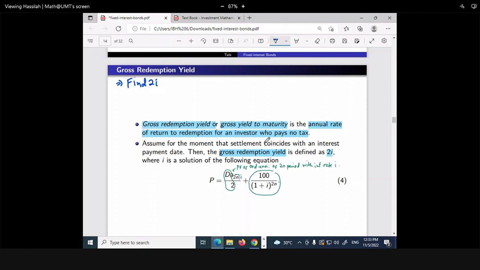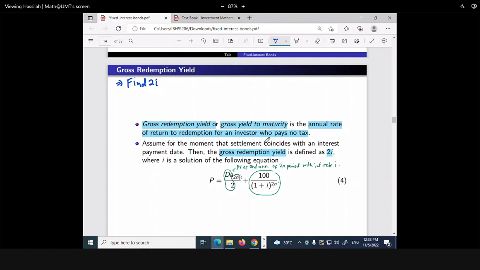Remember untuk bond yang kita bincangkan dalam kelas ni adalah payable, kuponnya payable 2 times a year. Okay, 2 times a year. Jadi I tu adalah untuk setengah tahun. Jadi bila kita nak cari gross redemption yield, this yield is about the rate of a year.